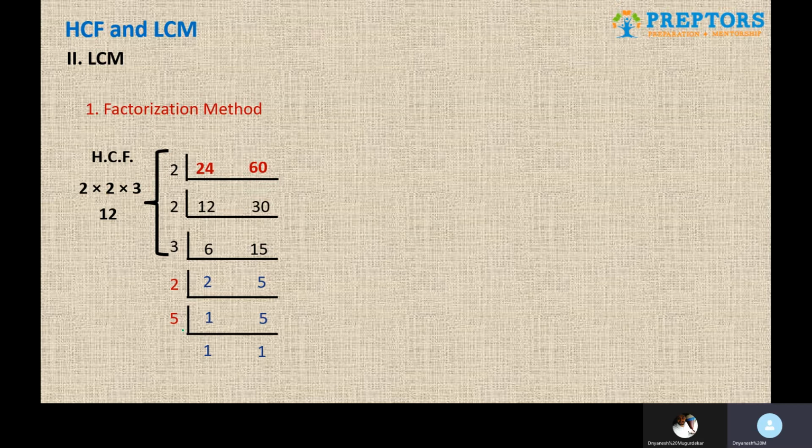These are called uncommon factors. For LCM we need both common factors as well as uncommon factors.